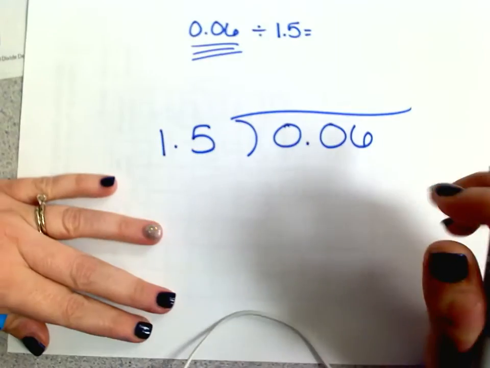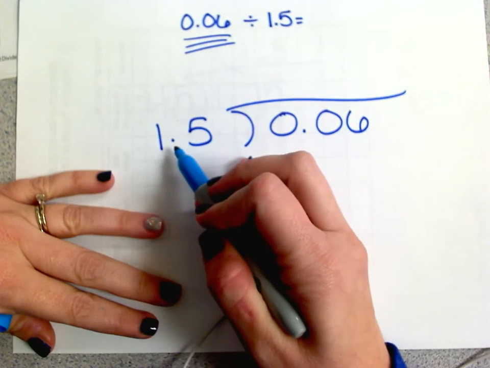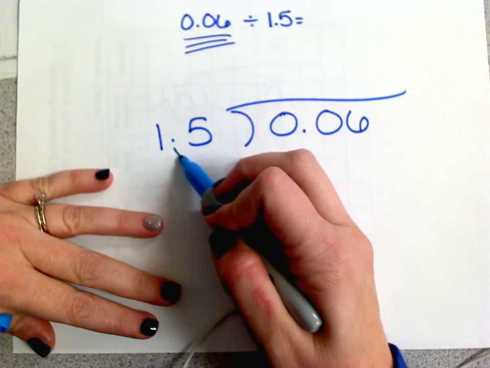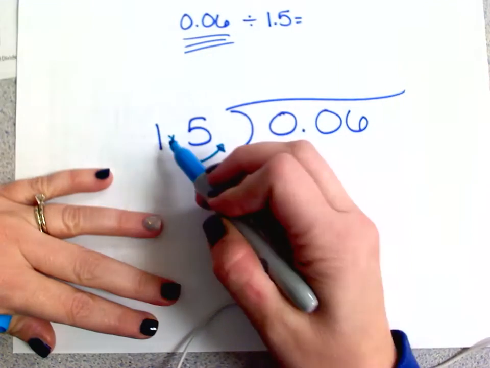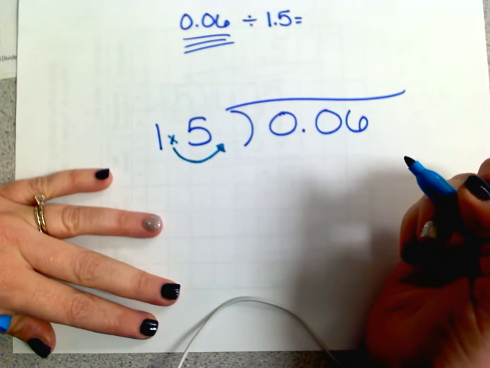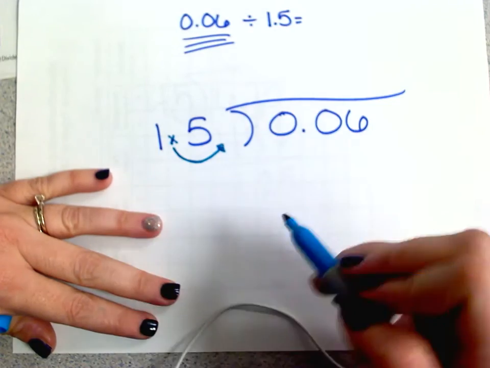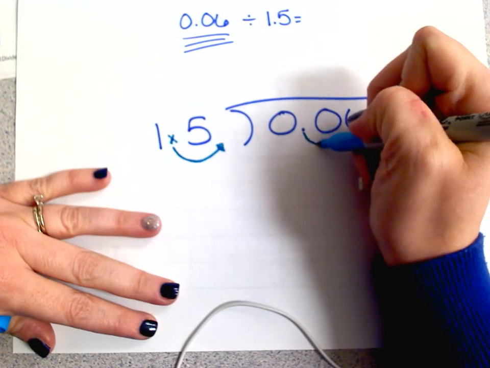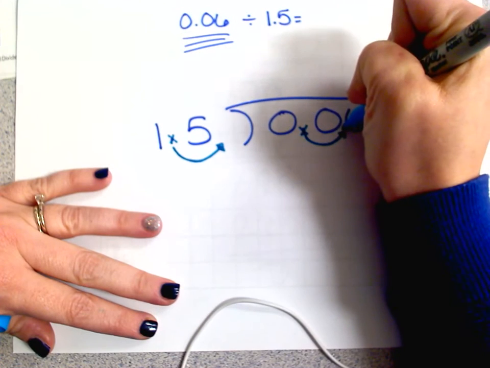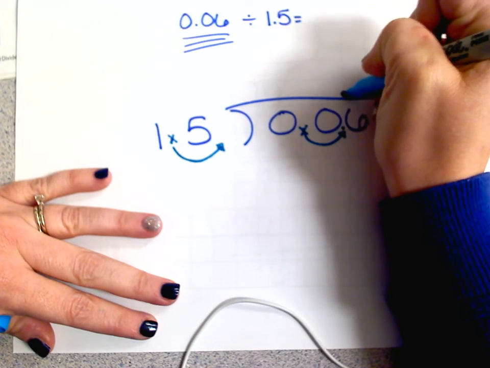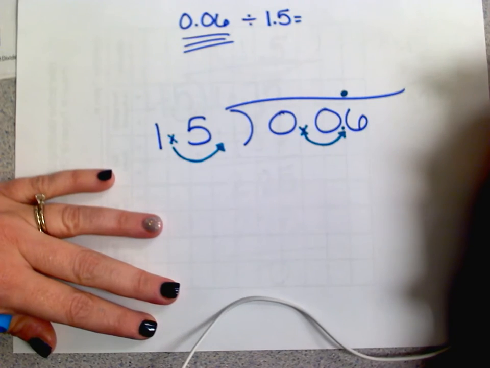All right, remember, our first step is to go to that divisor that has a decimal and hop on over to the end of that number to make it a whole number. So now we're making it 15. However many hops that took is how many hops this one is going to go. So it's no longer here, and now it's here, and I have to put it in my quotient like that.